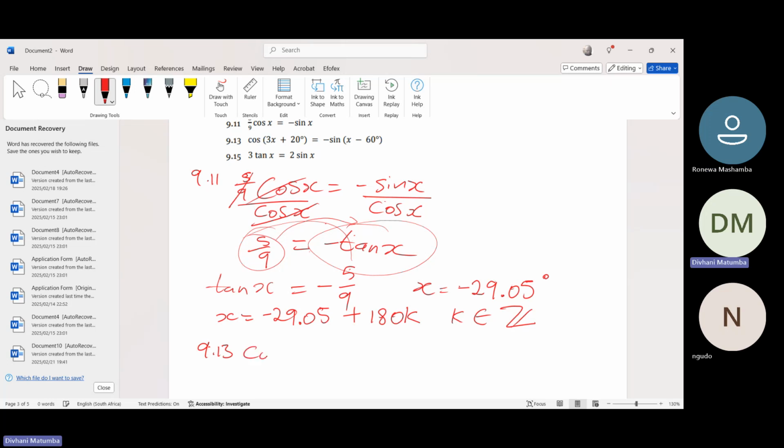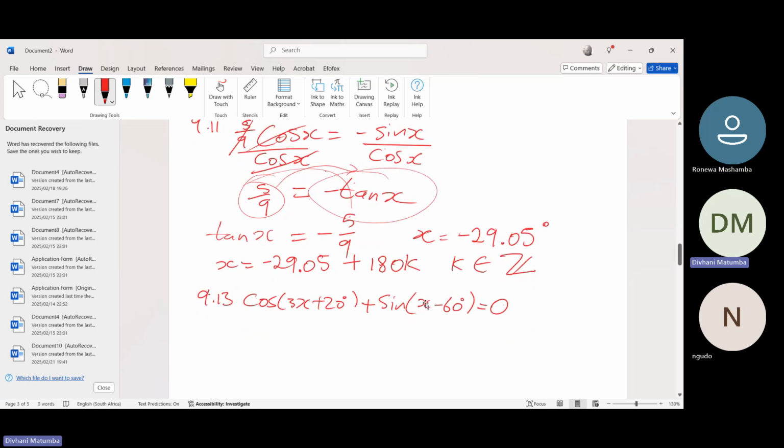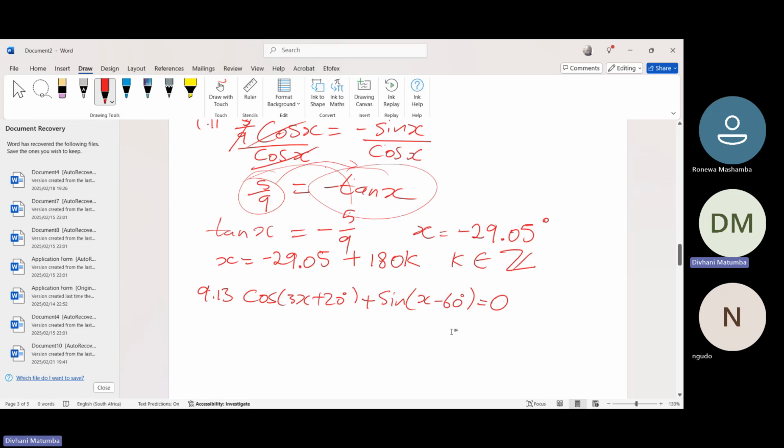Let's see. That's cos of 3x plus 20 degrees plus sine of x minus 60 degrees is equals to 0. That's a brilliant idea. Then from here, what do we do?